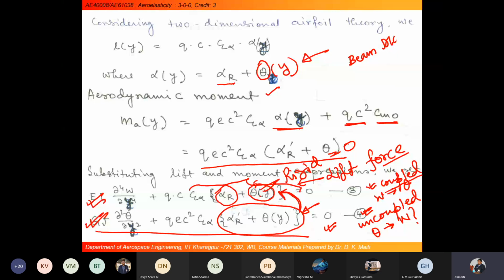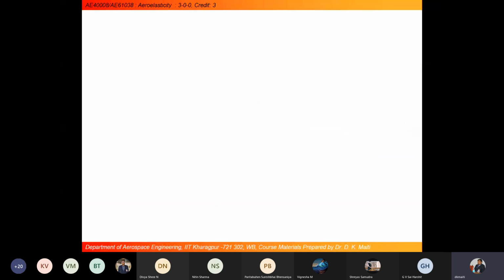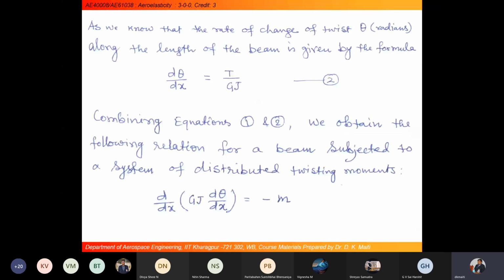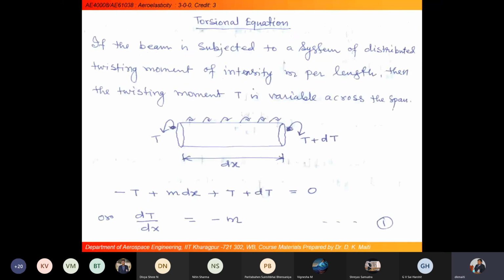Let me show you. Suppose we consider the beam as a torsional member. The beam is subjected to a system of distributed twisting moment. Let us take a small distance dx, and this distribution of moment is uniform. So we take the equilibrium of the forces acting here.